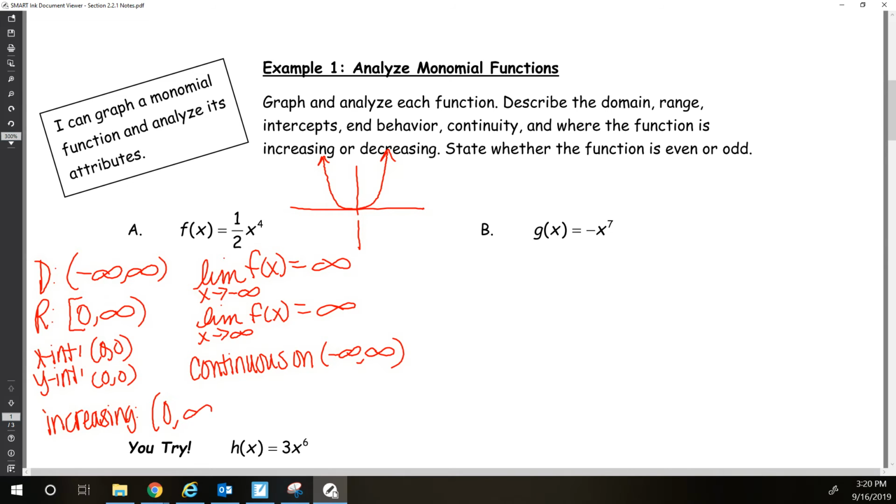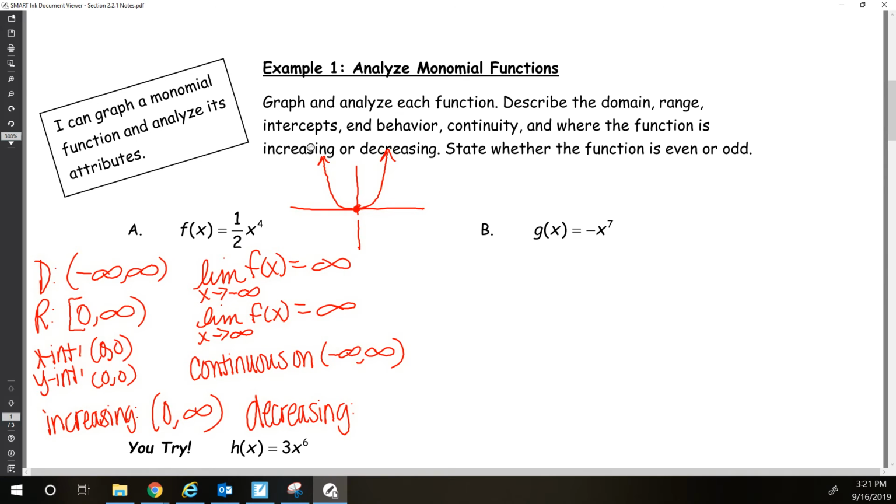Do we include 0 in that interval? No, we don't. And some people lost 6 points on the test because they chose the answer option that would say like 0 to infinity. When I'm at 0, can you tell me at this point here, is it increasing or decreasing? Neither. It's turning, right? It's the point where we go from decreasing to increasing, but the 0 doesn't belong to increasing and the 0 doesn't belong to decreasing.